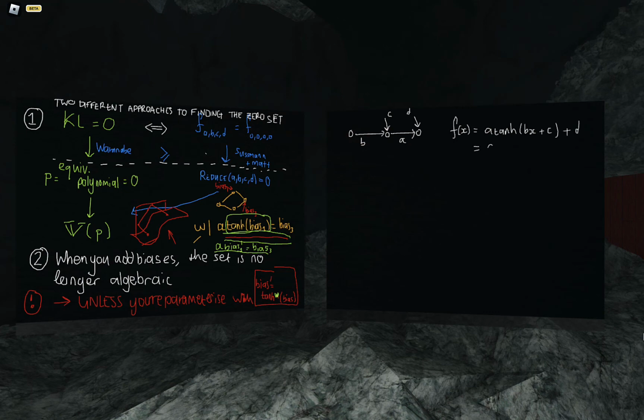What are the conditions under which this equals 0? We don't have an equivalent polynomial approach, so we have to go with the reducibility approach, but it's okay because it's so simple.